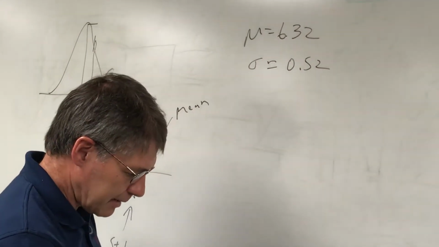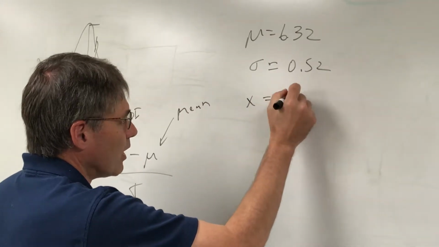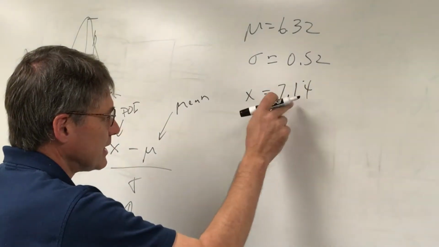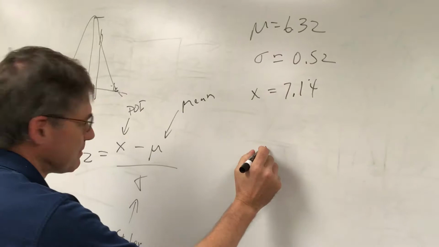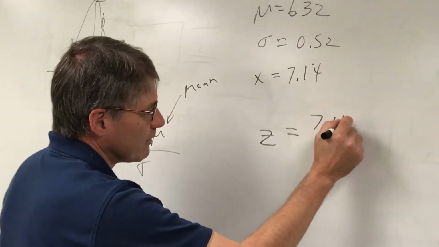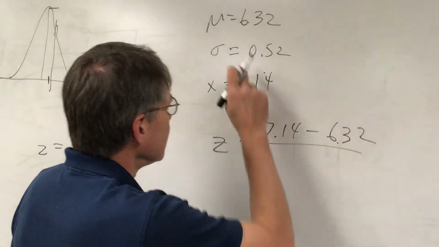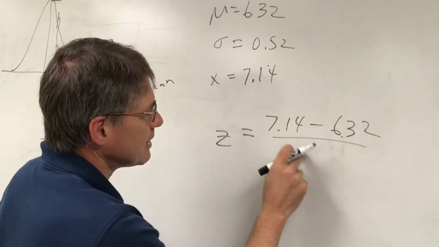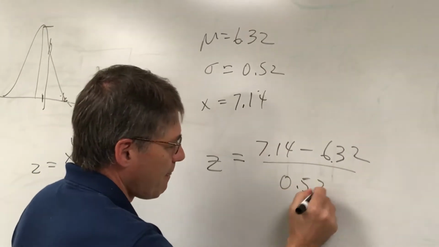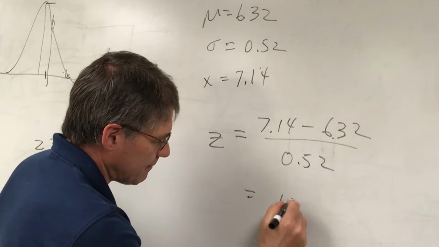And when I asked what's the probability of finding a piece that's less than 7.14, what I do is I take the point of interest and do the z-score here. I take 7.14 minus my mean, divided by the standard deviation, and I end up with a z-score of 1.58.